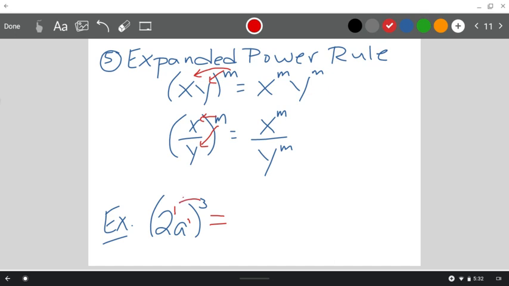And you're multiplying exponents. You're not doing 3 times 2 is 6. You're doing 3 times 1 is 3. And then same thing on the a. And then 2 cubed is 8. So it's not 6a cubed, it's 8a cubed. You're multiplying exponents.